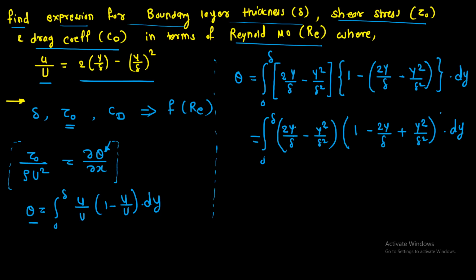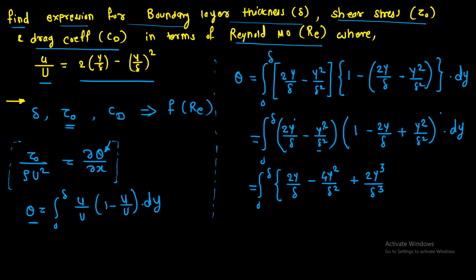Okay. Now multiply the first term by the complete bracket. So this is equal to integration 0 to delta. This 2y into 1, so this is 2y upon delta. Next 2y into 2y, so minus 4y square upon delta square, and 2y into y square, so plus 2y cube upon delta cube.